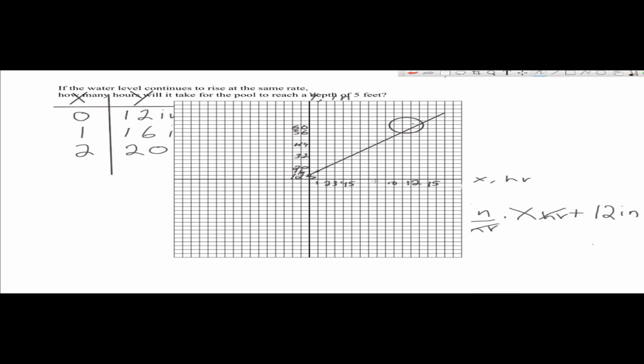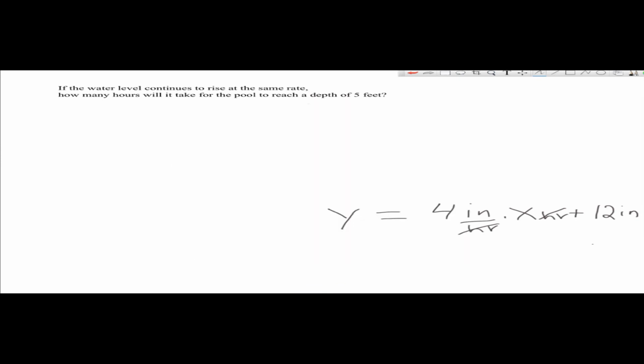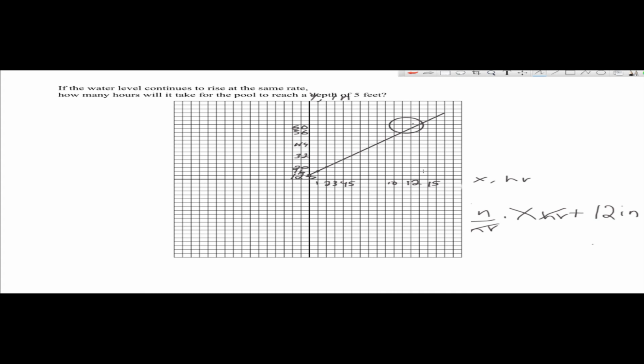So it would appear the answer to my question, which was how long will it take for the pool to reach 5 feet, is that it gets to 5 feet in 12 hours. So my answer is 12 hours for 5 feet, and I could just pull that directly off of the graph.